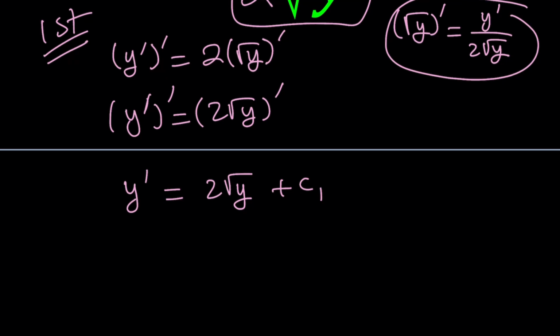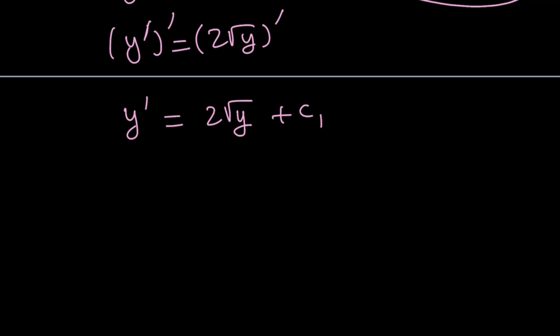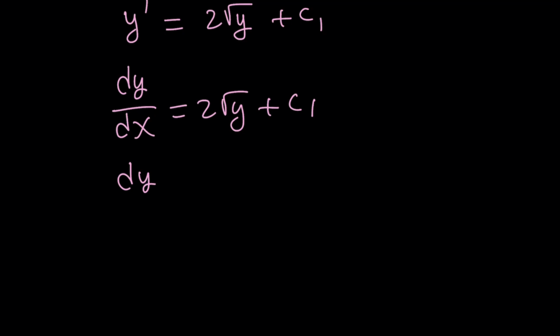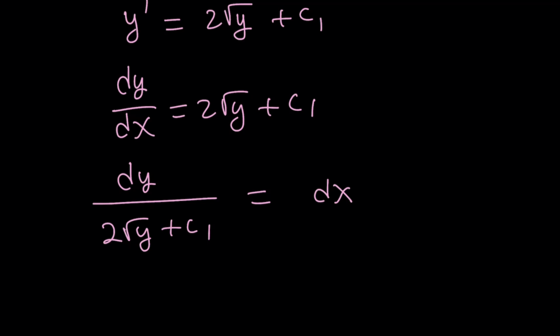Now, obviously, y prime is the derivative of something, and we need to integrate one more time. But we don't have a function of x on the right-hand side, so here's what we need to do. Write the y prime as dy over dx, and then switch some terms so that you get a separable equation, and this is what we're going to get. At this point, since the variables are separated, we can go ahead and integrate both sides.